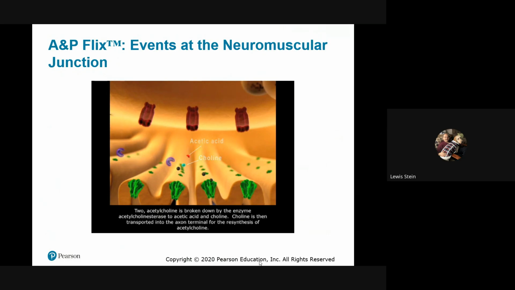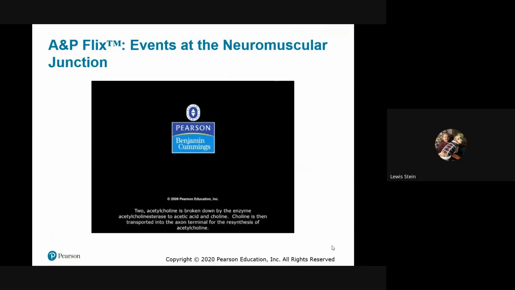They didn't mention that there were three, they only mentioned two, but they commented the choline is reabsorbed. We call that reuptake. That is so important when we get to the other neurotransmitters, because that's the source of where most medications that treat psychiatric, psychological, nervous system disorders attack.